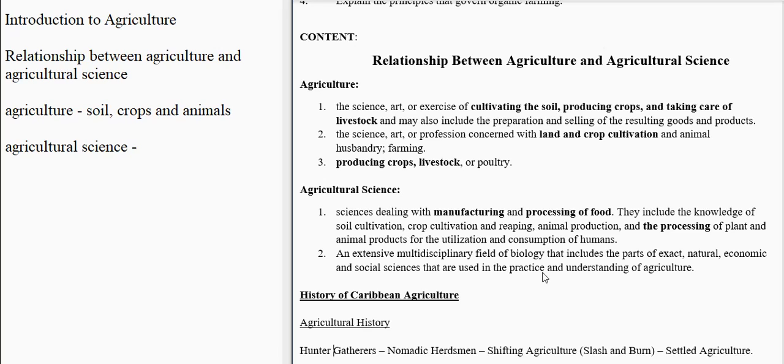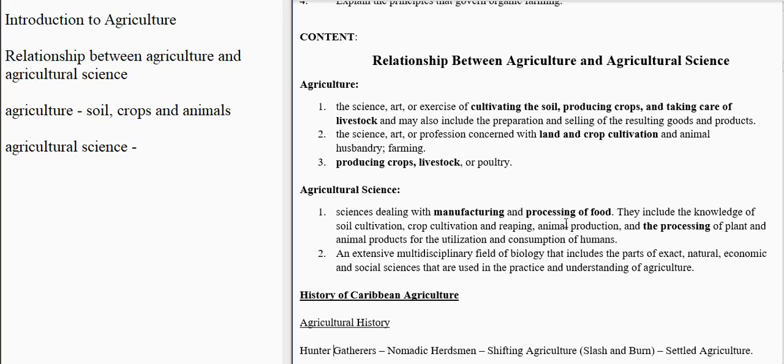Here we see in agricultural science that this is where man will have the influence of changing these foods into different byproducts and such. So this may include the knowledge or the techniques of soil cultivation, crop cultivation, and reaping, as well as animal production. And here we go again with the processing of plant and animal products for the utilization and consumption of humans.